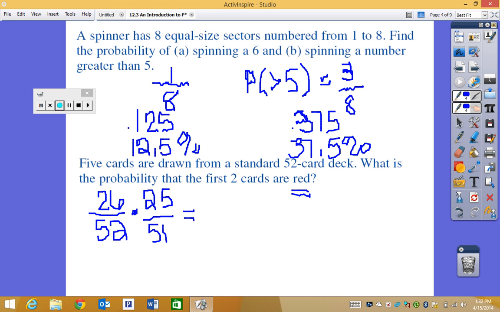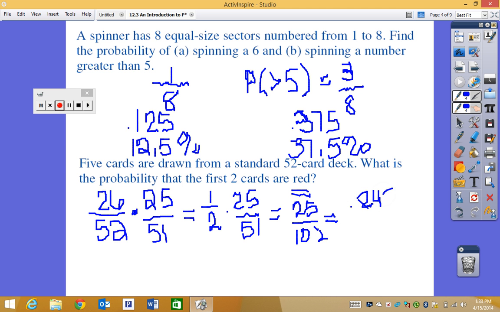When I multiply these together, I can simplify 26 out of 52 to 1/2 and multiply that by 25 out of 51. That gives me 25 over 102, which I can convert to a decimal, approximately 0.245, or 24.5%.